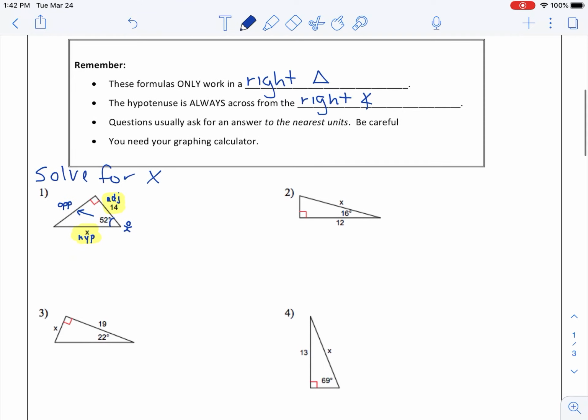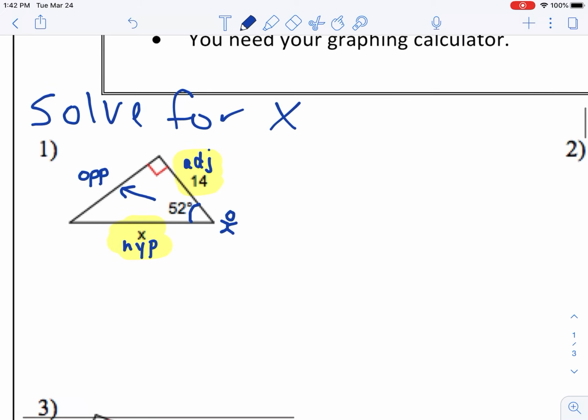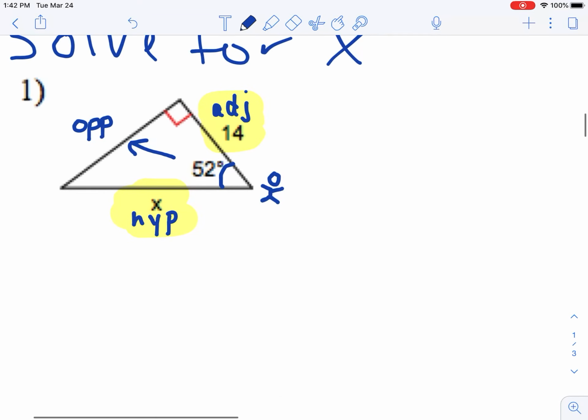Okay, so come back down here. It's always, like the video said yesterday, the cosine of the angle theta equals the adjacent over the hypotenuse.